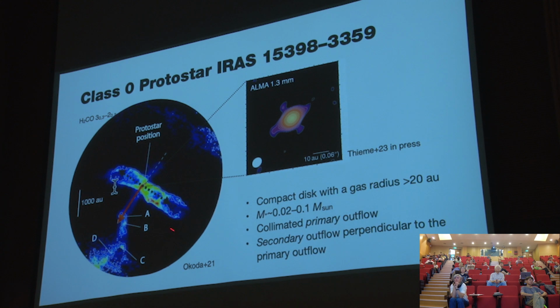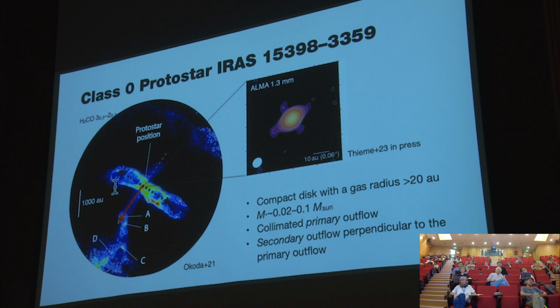and we can see a clear primary outflow in this direction. Interestingly, previous work suggests that there is one more outflow which is perpendicular to the primary outflow. So this is the primary outflow, and there is a weak emission here. This component shows a velocity much higher than the infalling velocity expected from this protostellar mass, and it also shows a so-called Hubble-like velocity profile.